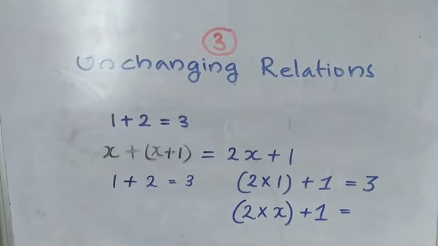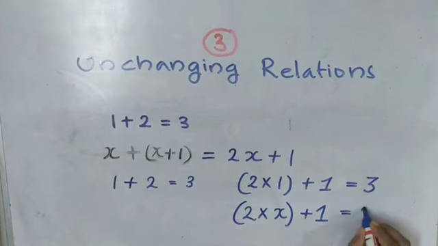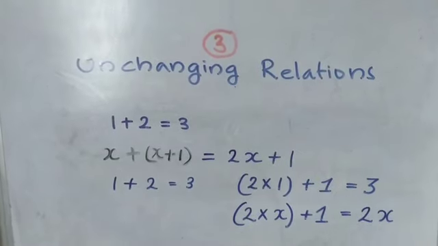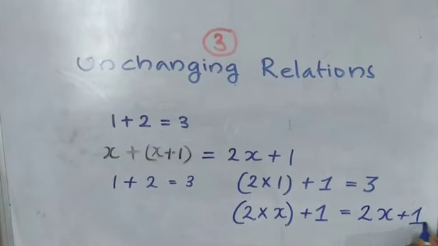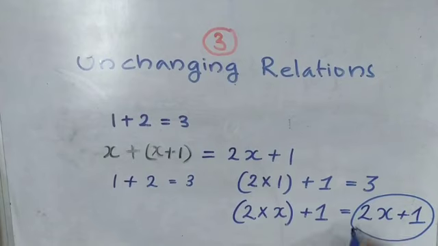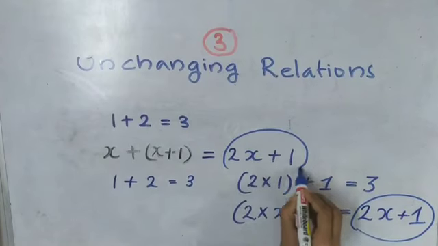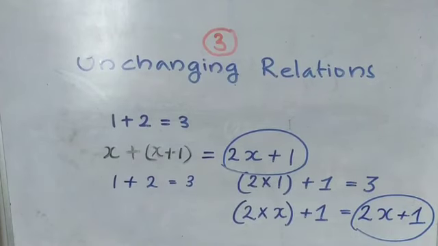Now look, what is the answer? 2 into x. You know that when we are taking one letter and one number, we will not put the multiplication sign. So we will write that as 2x plus 1. Here you got 2x plus 1, and here also you got 2x plus 1.